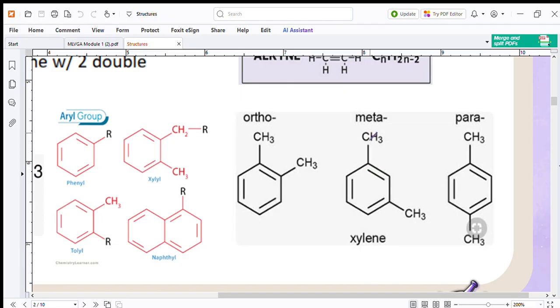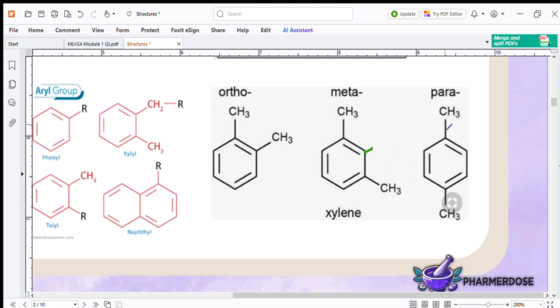Pag ito naman ay meta, ang meta po meron sa pagitan nila isang carbon. So kaya po sila tinawag meta. Ang para naman ay parang parallel sila to each other or dalawa po ang carbon apart nila. So ito dalawang carbon din dito.